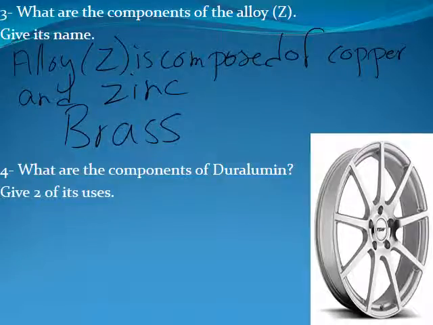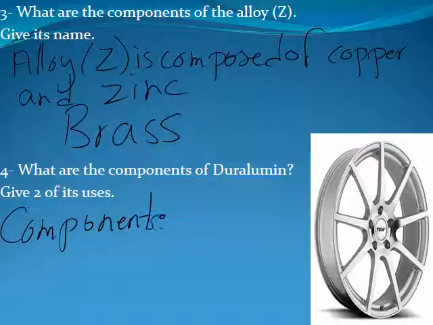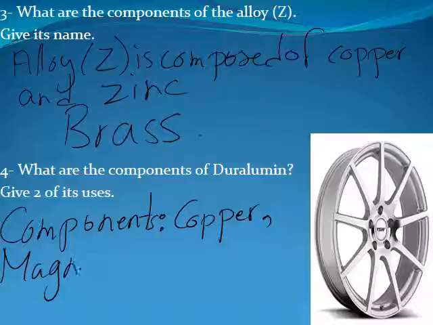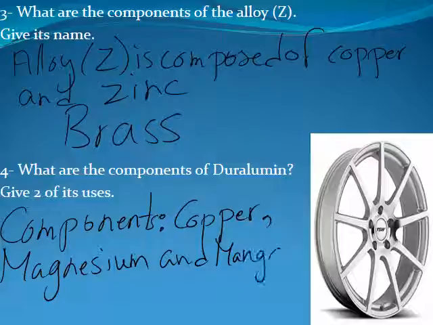What are the components of duralumin? And give 2 of its uses. Yes, Linda. The components are copper, magnesium, and manganese, and somehow it's composed of aluminium.